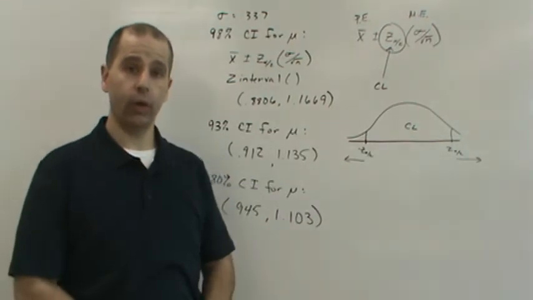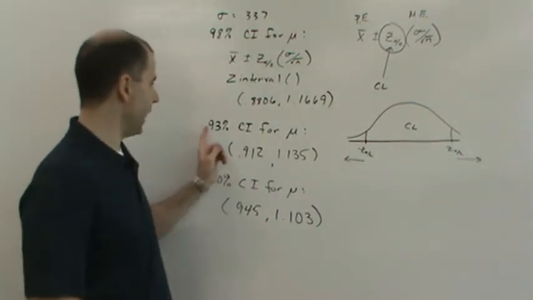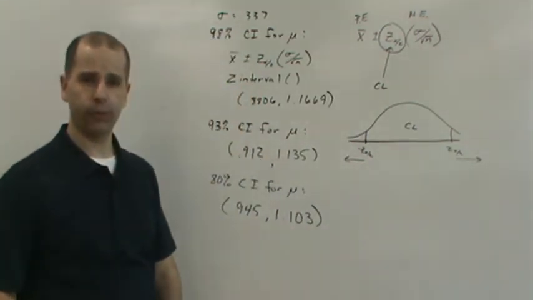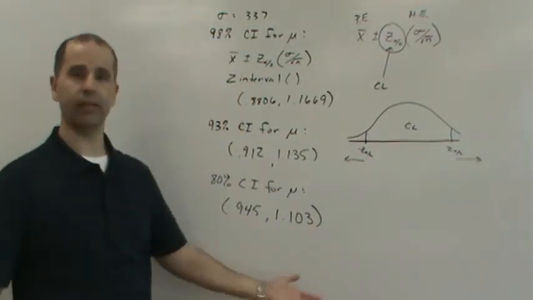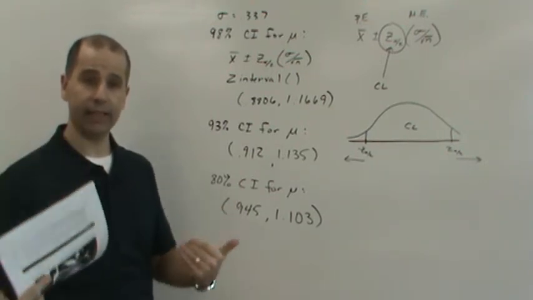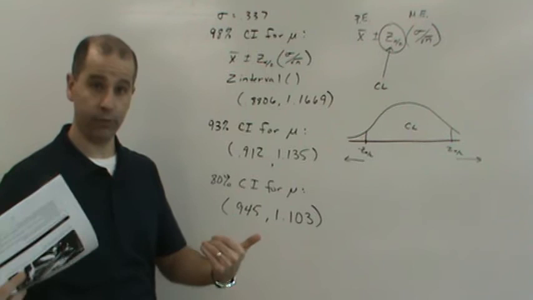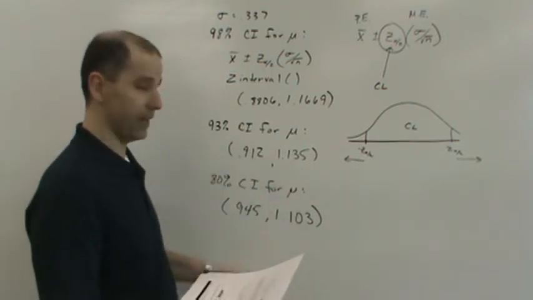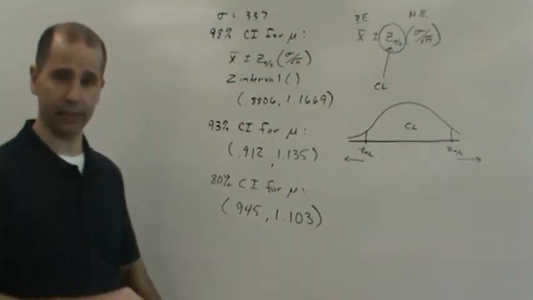In other words, if I increase my confidence, I'm increasing the net of values for the sample mean, which is going to give me a higher probability of collecting the true value of the population mean in there somewhere. I hope that makes sense.